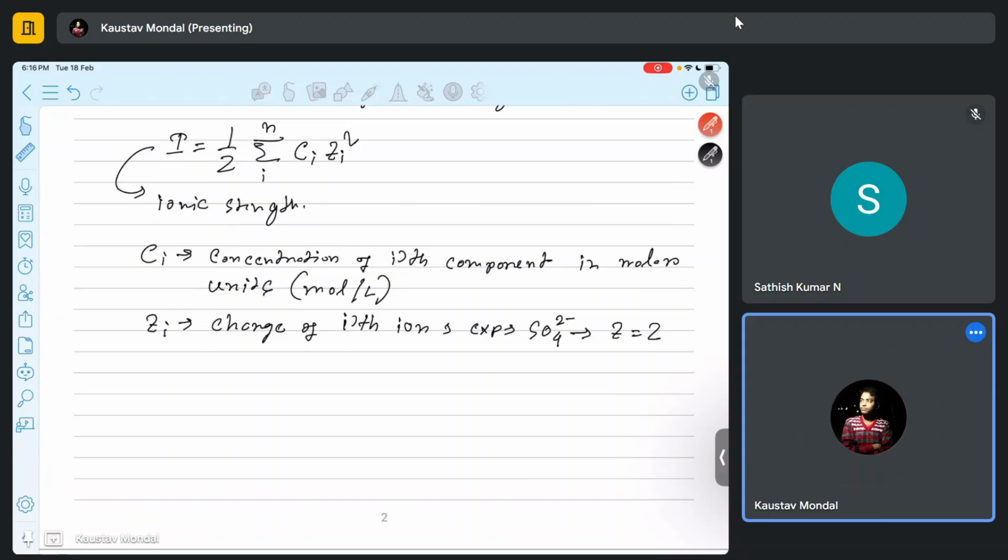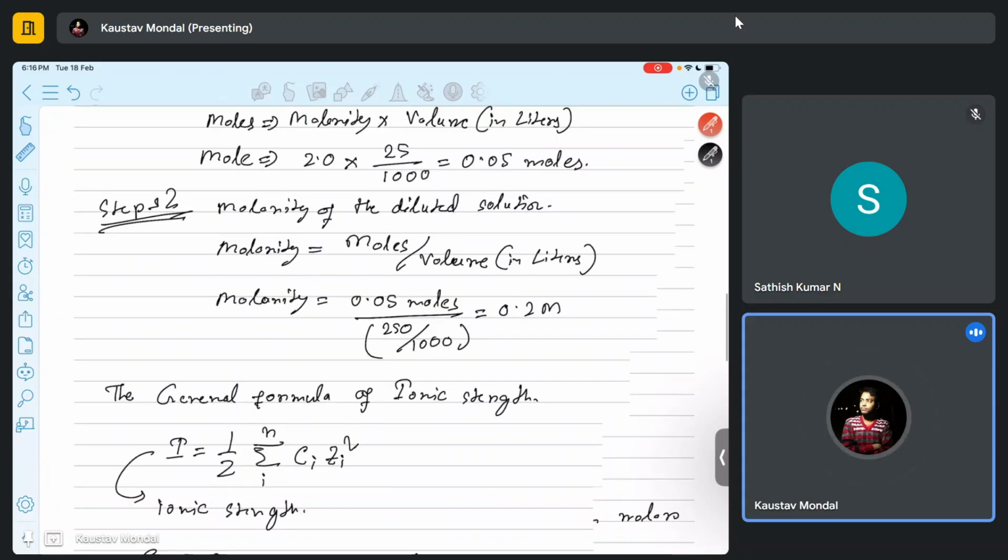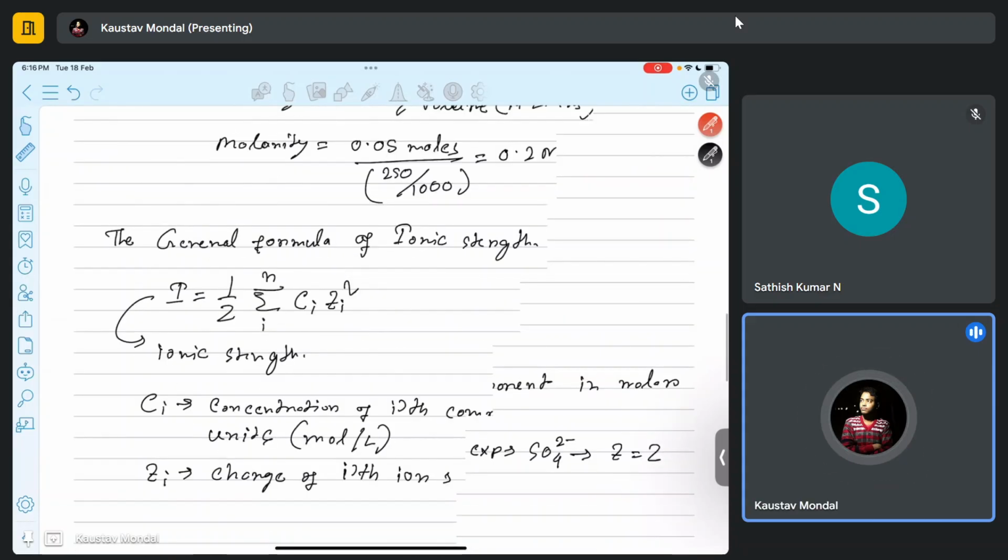Okay, so Z becomes 2. But for multivalent ions we have to use a different combination of this Z. Okay. So this is the formula of ionic strength.